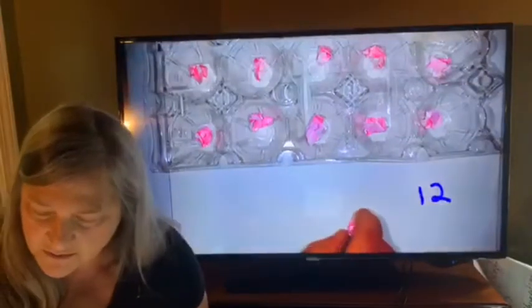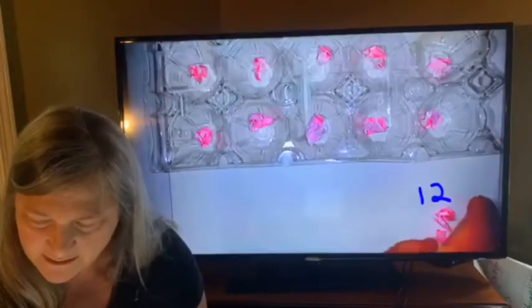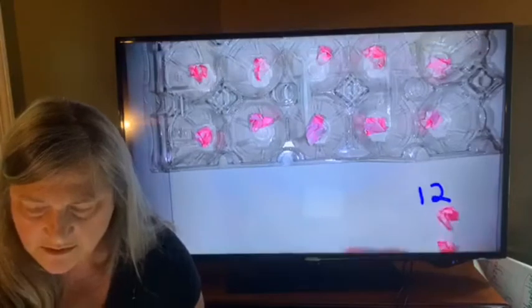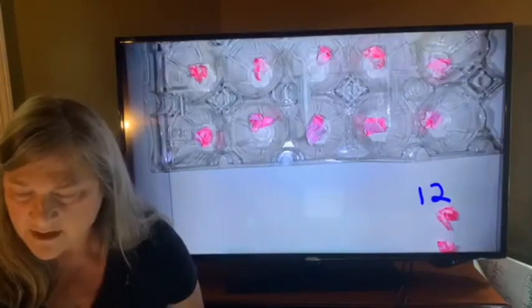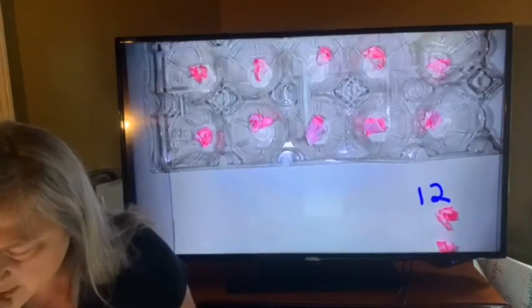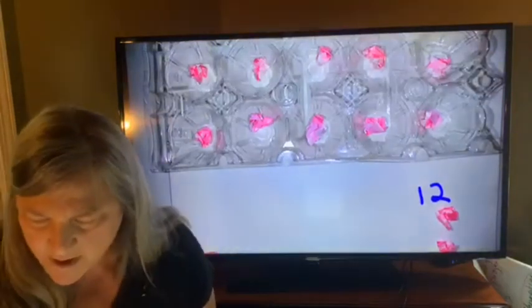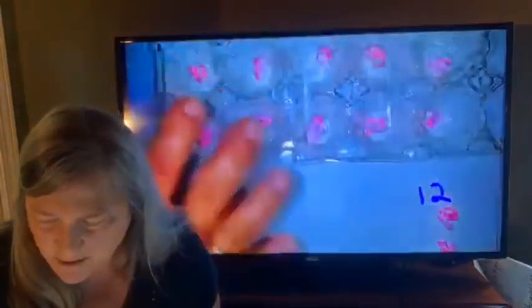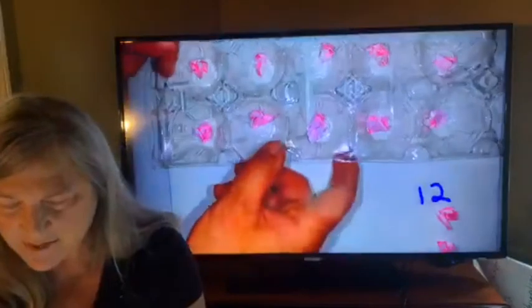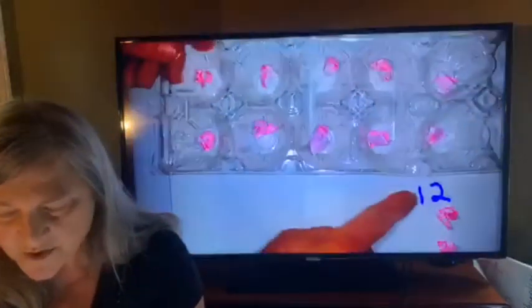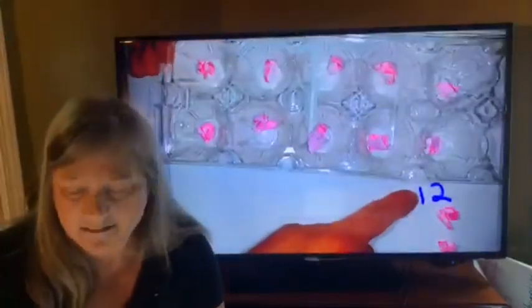So that 2 could mean these two red counters. But then there's this 1. 1 what? Because we know we have 10 in here. Well, 1 ten. It could be a tray. So this 1 could mean how many trays there are.